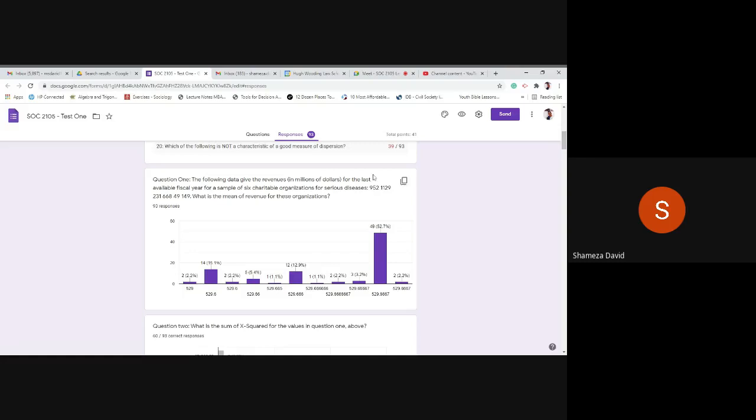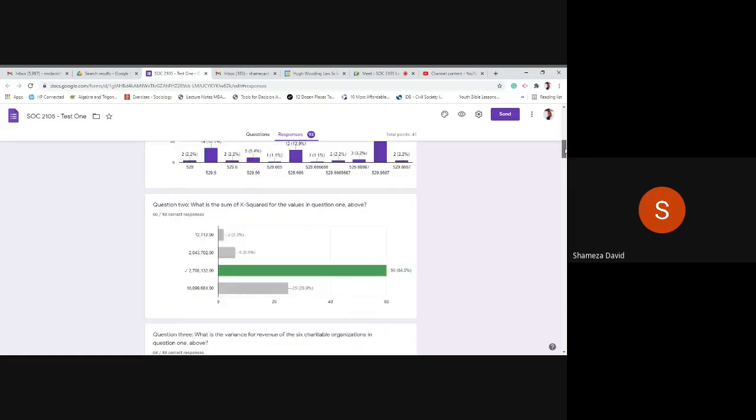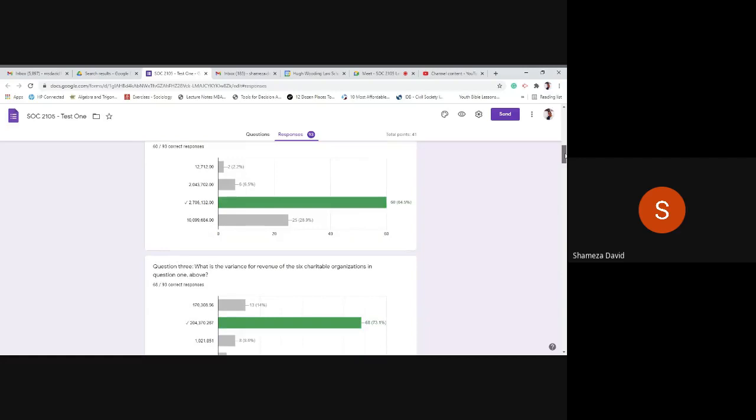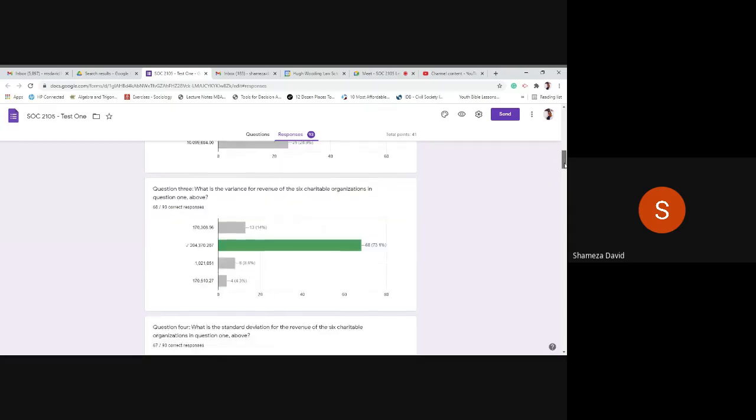So you had to square the 952, the 1129, 231, and so on. You had a lot of time, so whether you were doing this manually or in software like Excel, either way you would have been able to calculate this correctly. So 60 of the 93 persons got that spot on.